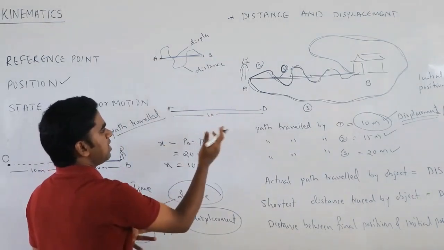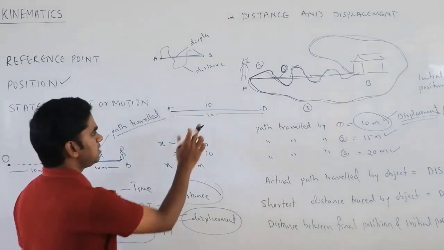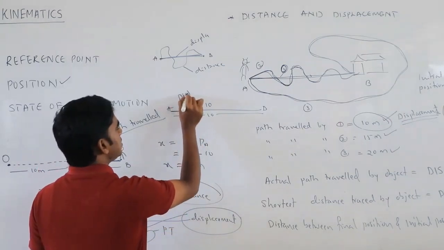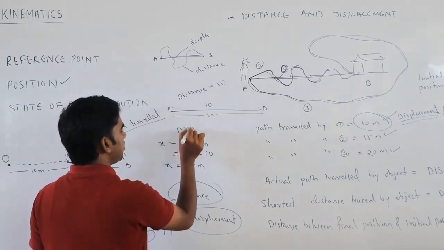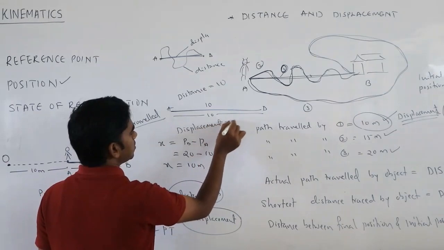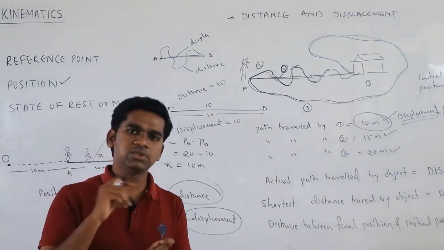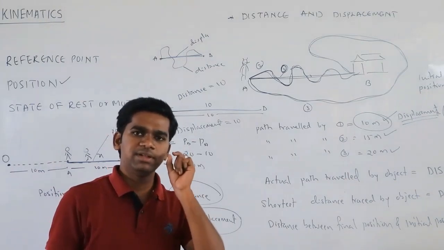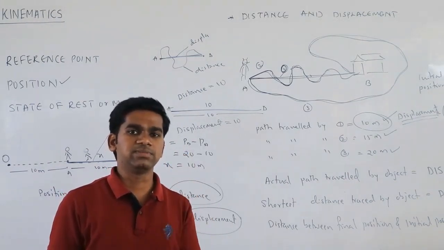No other paths means the shortest is 10 only. So in this case, distance is also 10 and displacement is also 10. So I hope you got when distance equals displacement: when the object travels in a straight line.